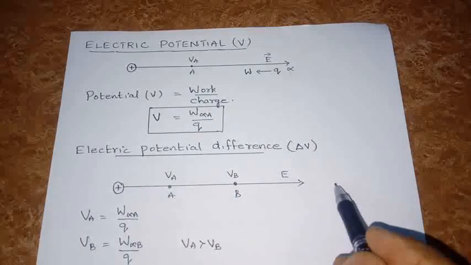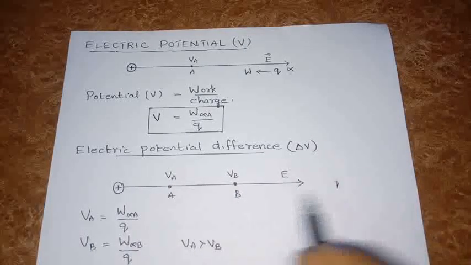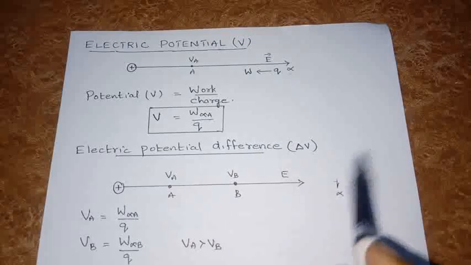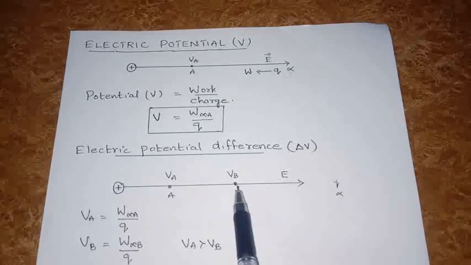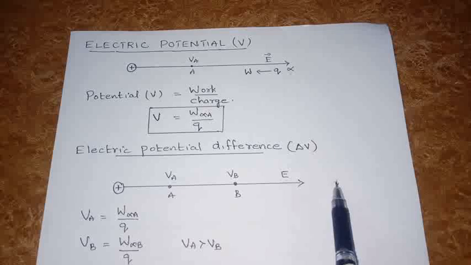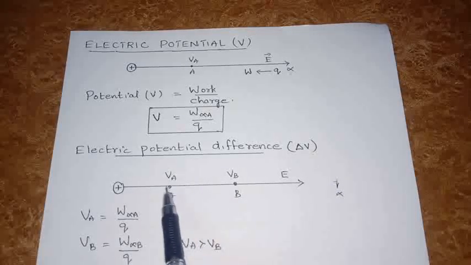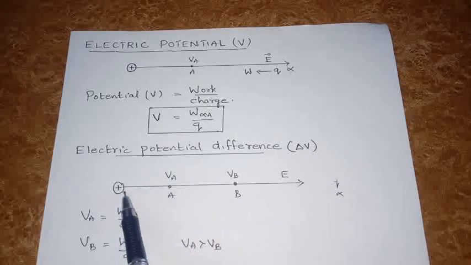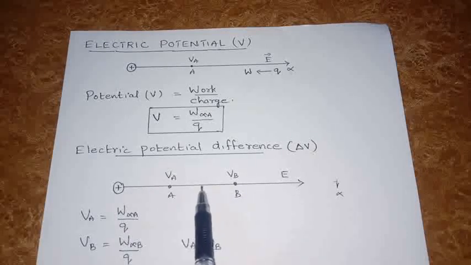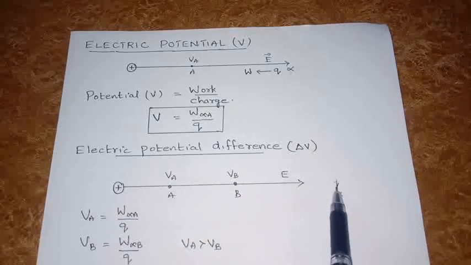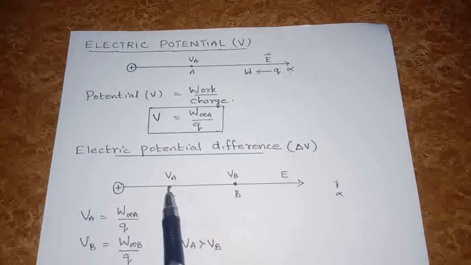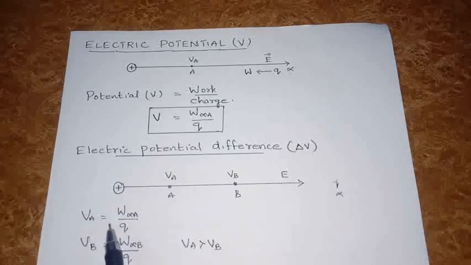Suppose I bring Q amount of charge from infinity to B as well as to A. Since A is closer to the source charge, I have to overcome more force in order to bring charge Q to point A. So more work is needed to take the charge from infinity to A, which means the potential of A is more.